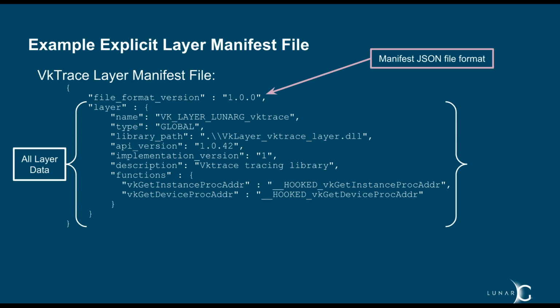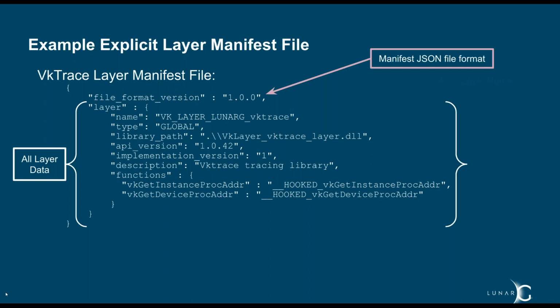Because the file format version is shared, and then we have these layer and ICD sections, you can actually put a layer and an ICD, or multiple layers and multiple ICDs, into the same manifest file if you want to do that. It's worth mentioning NVIDIA actually does this in their Windows drivers right now. They have one manifest file which includes both their driver and the Optimus layer that they ship with their drivers.